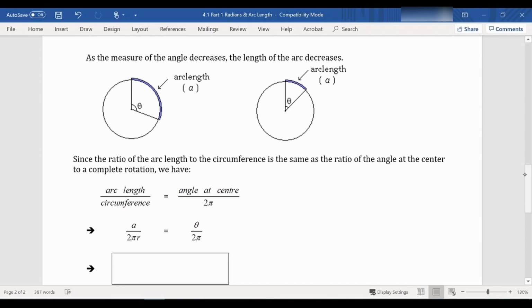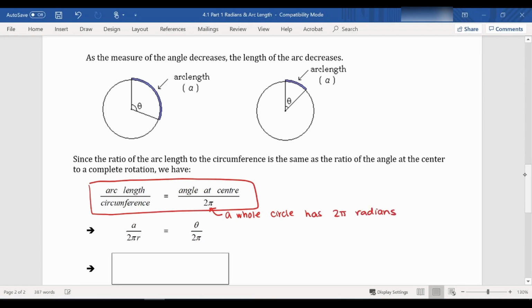Okay, so the ratio between the arc length and the circumference should equal the ratio of the angle at the center to the total angle. Now we're going to use pi and radians for this. You'll see that my angle at the center here is 2 pi for a whole circle. So a whole circle has 2 pi radians, right? And the circumference of a whole circle.